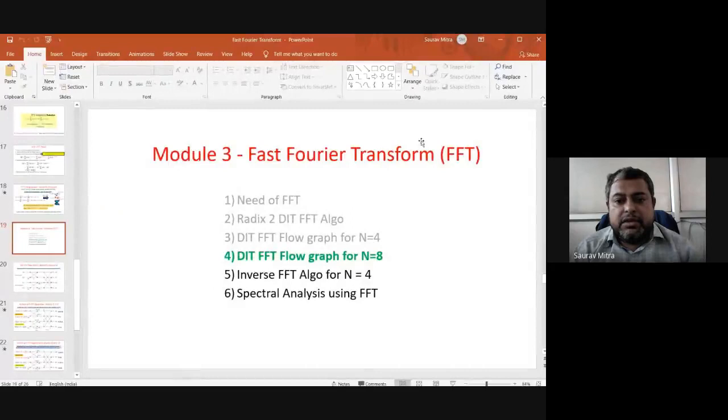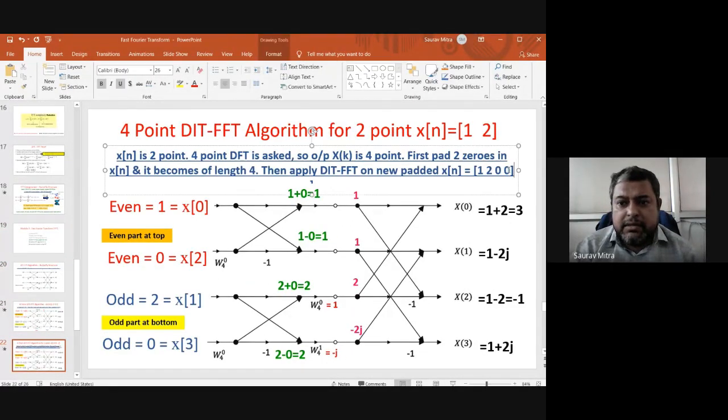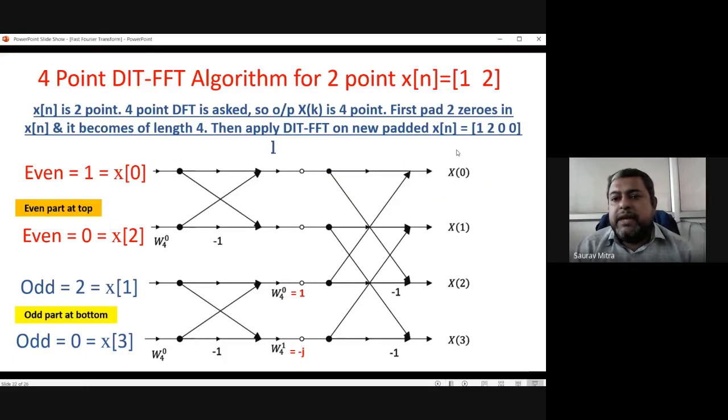I'm sorry, so I'll just make a small change. There will come a bracket. So now this bracket is very much important. So given was a 2-point sequence 1 and 2, but I have asked you to find 4-point DFT or 4-point FFT.